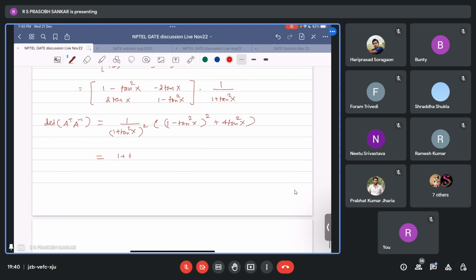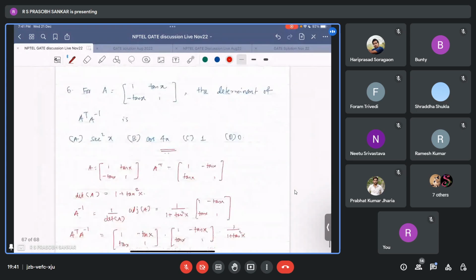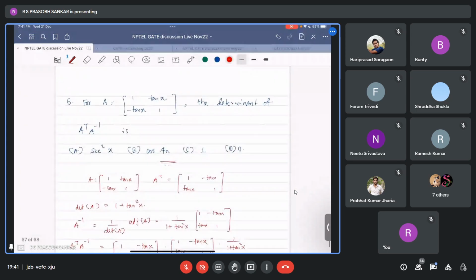So we have 1 plus tan square x the whole square divided by 1 plus tan square x the whole square. These get cancelled out. The answer is 1. Any doubts here? This is a 2 cross 2 case, so we can easily do this.